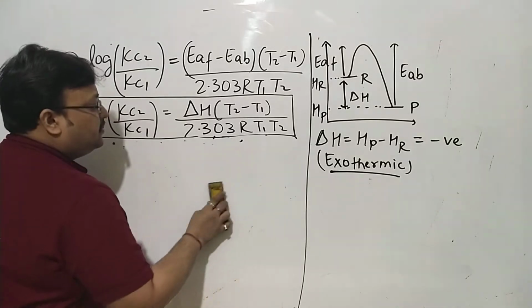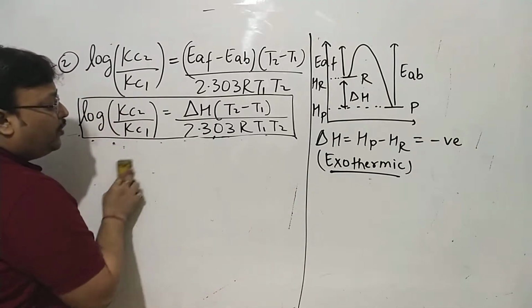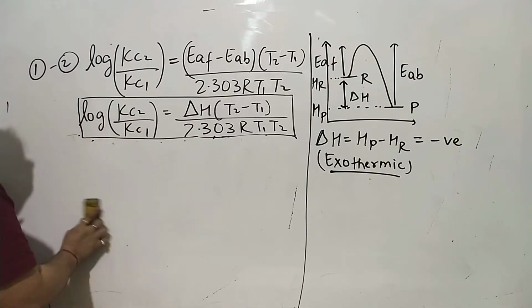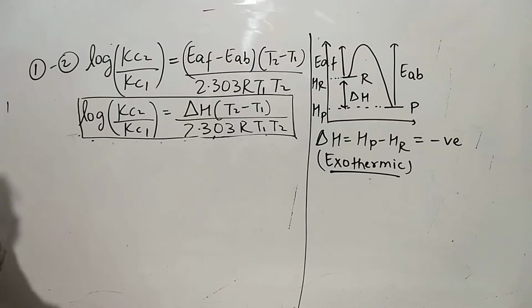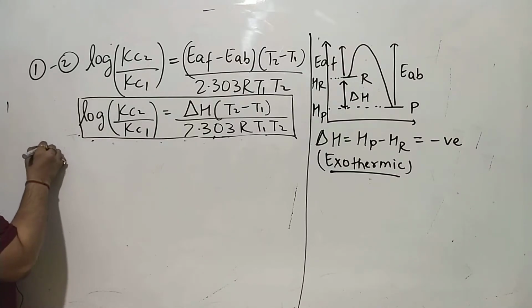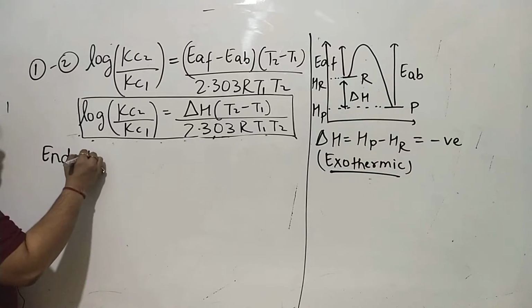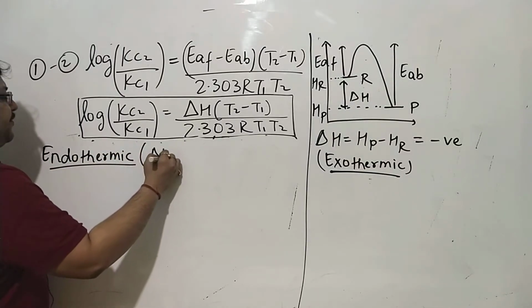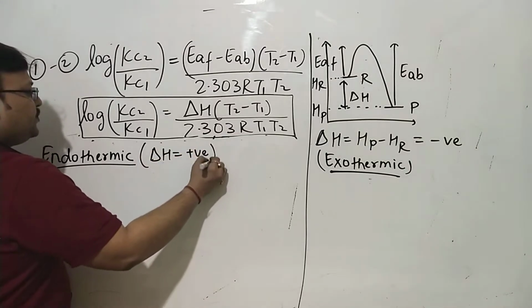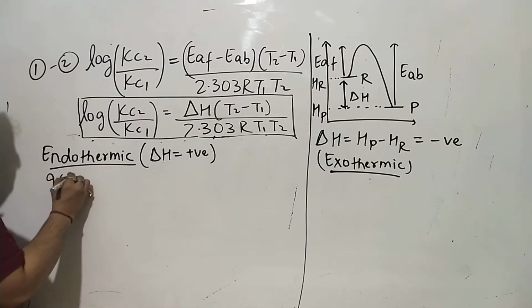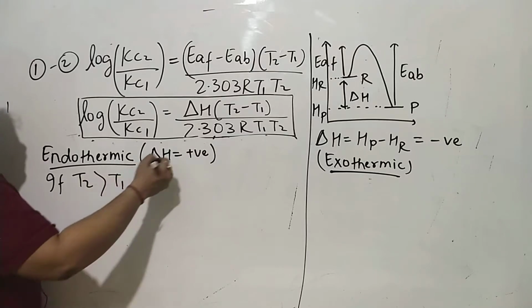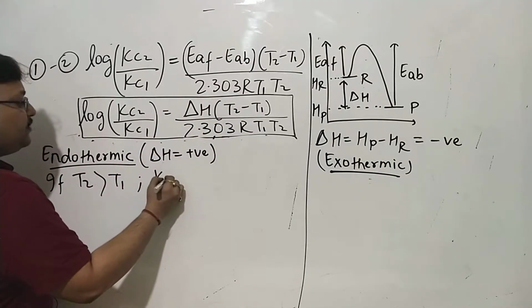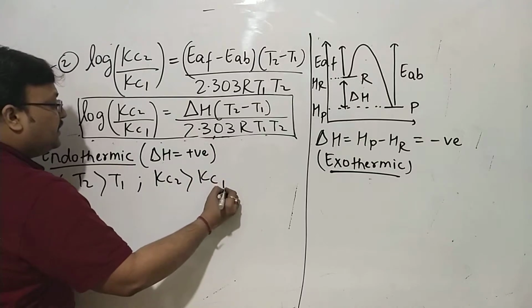With delta H positive in endothermic, negative in exothermic, if it's an endothermic reaction, where delta H is positive, you will claim if T2 is more than T1, all of this is positive, Kc2 is more than Kc1, and the yield will increase.